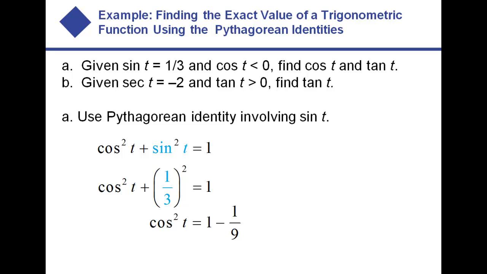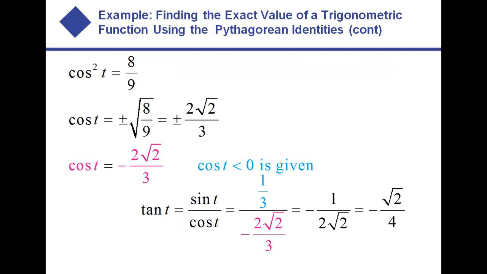If we're given sine t equals 1/3 and cosine t is negative, can we find cosine and tangent? Well, using Pythagorean identities, we know that sine squared plus cosine squared equals 1. We plug in the sine part as being 1/3. Now we've got cosine squared equals 1 minus a ninth, which means cosine squared equals 8/9.